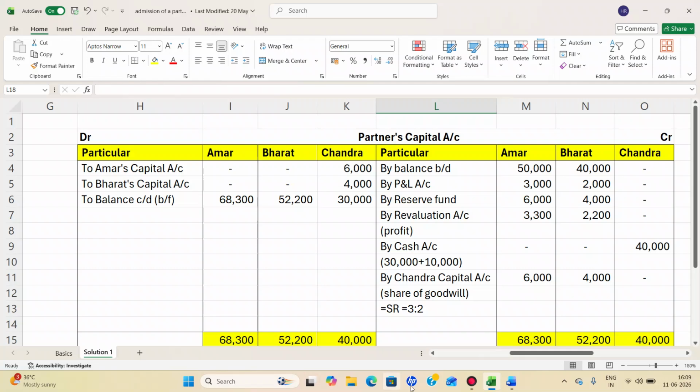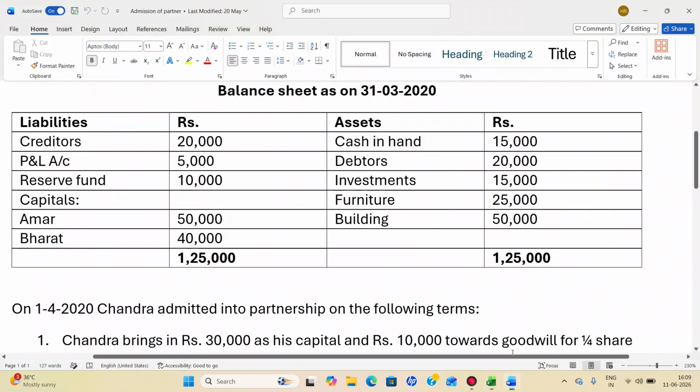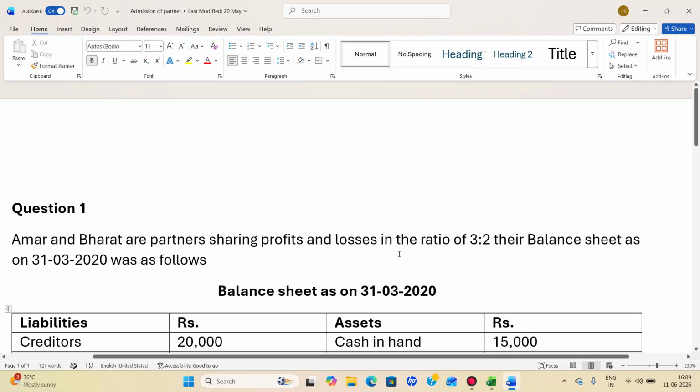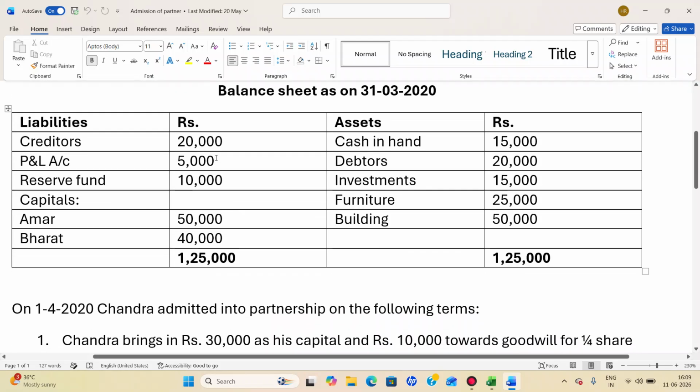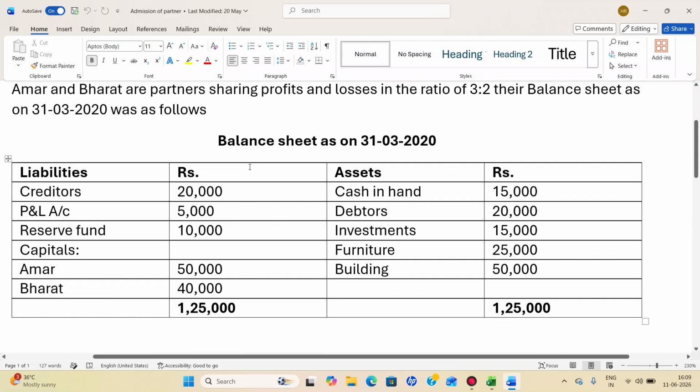After that, I mentioned that we have to take a reserve fund, that is 10,000 it is, and P&L is 5,000. We have to share this as 3 to 2, that is 5,000 into 3 by 5, that is 3,000 is Amar's P&L and 2,000 is Bharat's P&L.